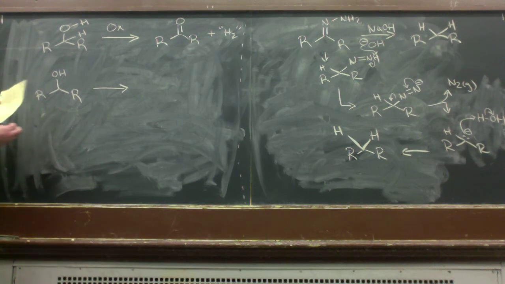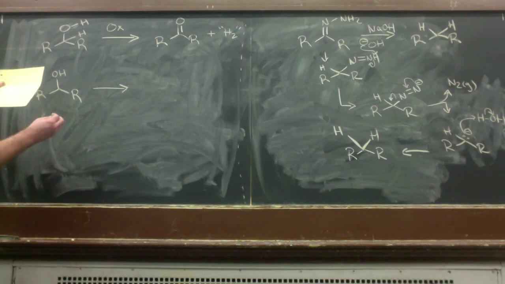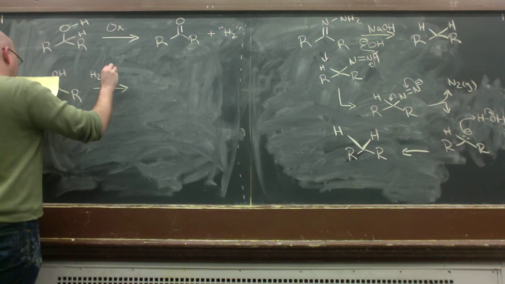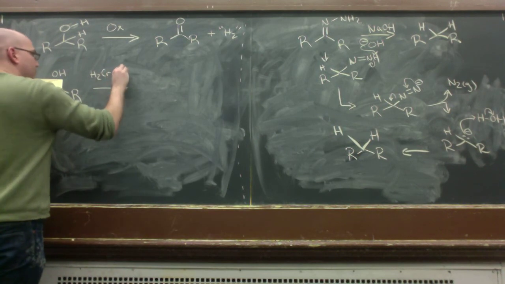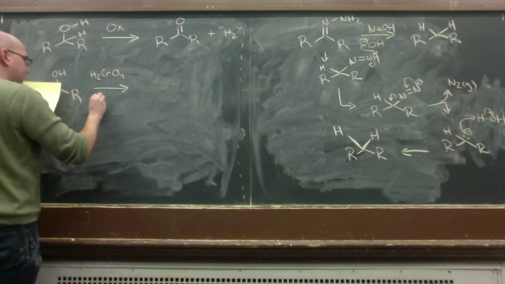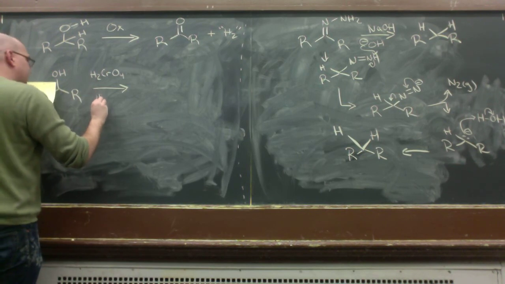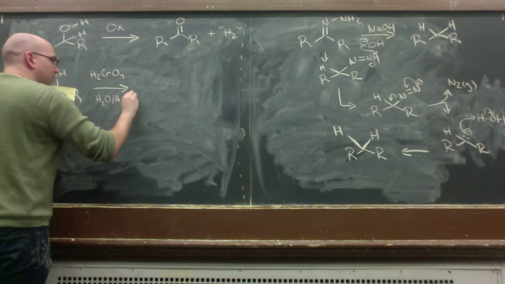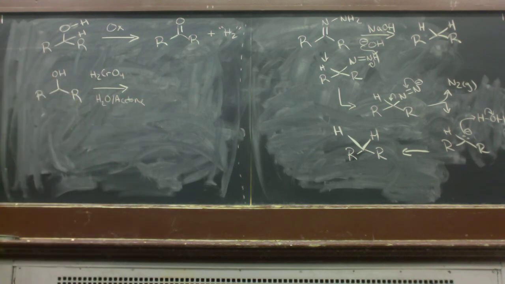And so chromic acid, Jones reagent, basically you take CrO3, sulfuric acid, generally run this reaction in acetone and water mixture. It just solubilizes the organic species.